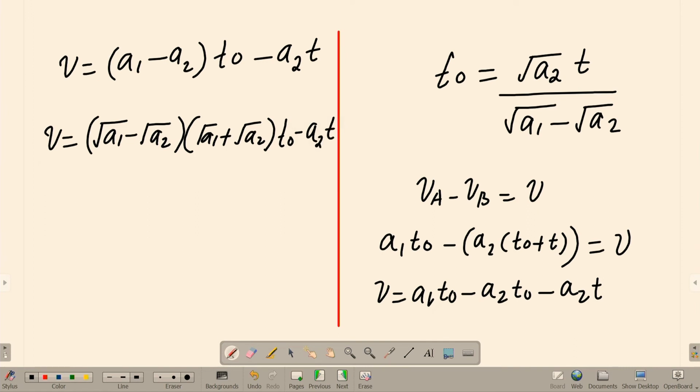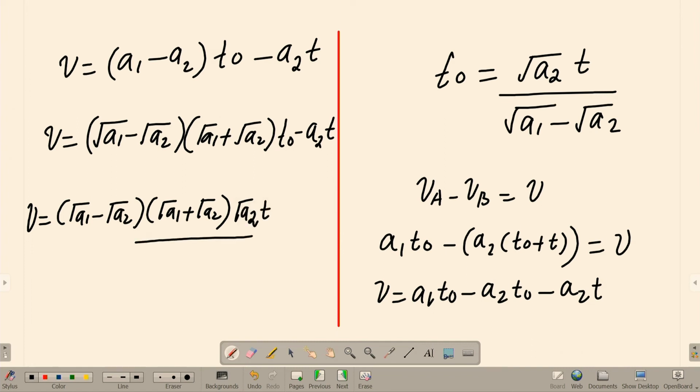Now t0 we are going to substitute there. Look here very carefully. v is equal to root of a1 minus root of a2 multiplied by root of a1 plus root of a2 multiplied by t0, where t0 is nothing but root of a2 t divided by root of a1 minus root of a2, minus a2 t. Here we can cancel out root of a1 minus root of a2 divided by root of a1 minus root of a2.